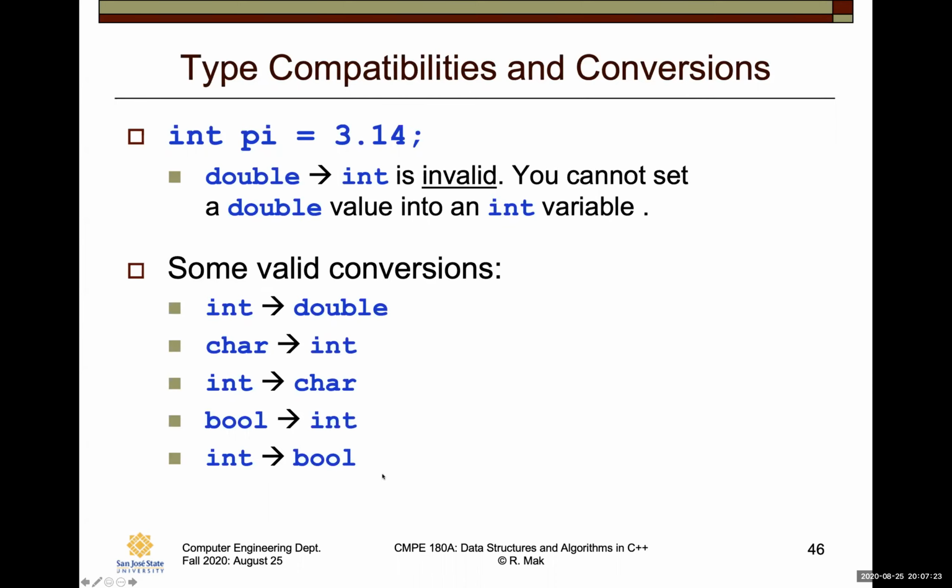If you do something that is not allowed, the compiler will tell you that it's not allowed, and then you can correct it. I try very hard not to do these conversions. If I have an integer variable, then I'm only going to assign integer values to it, and so forth. But sometimes you may need to do a conversion.